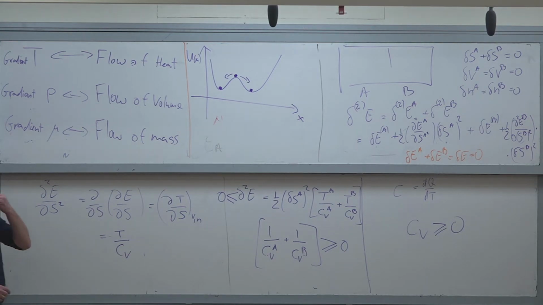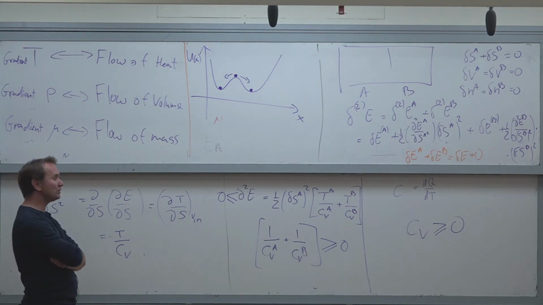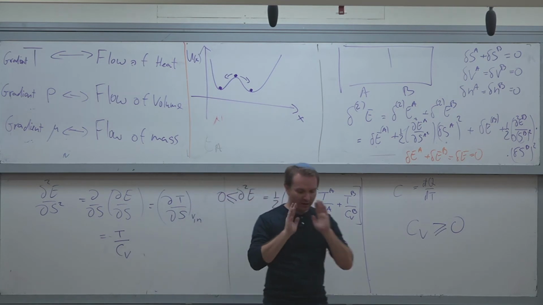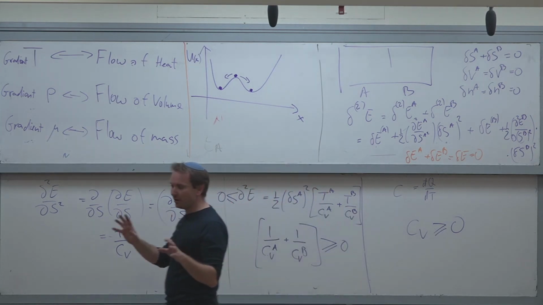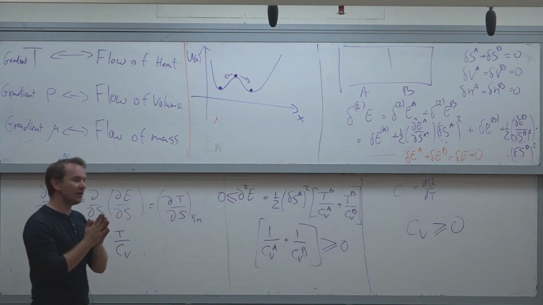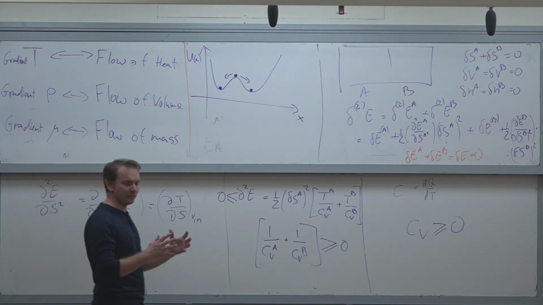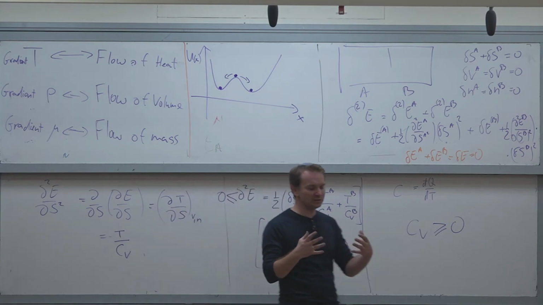Why is it important for me that the heat capacity must be larger than 0? Consider the following situation. I have two systems. There is a difference of temperatures between them. We couple both of those systems together, okay?